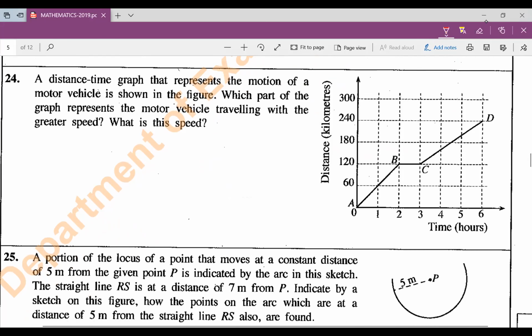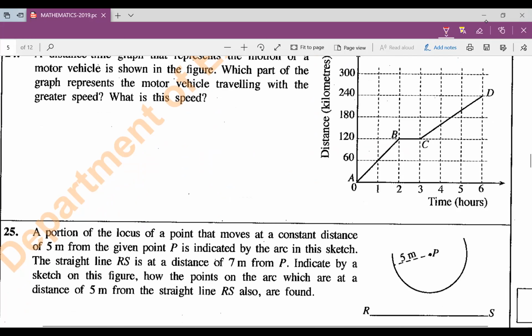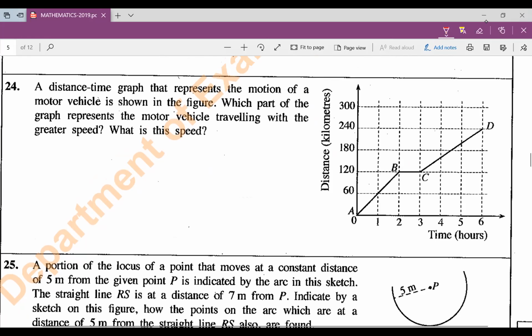24. A distance-time graph that represents the motion of a motor vehicle is shown in the figure. Which part of the graph represents the motor vehicle traveling with the greater speed?